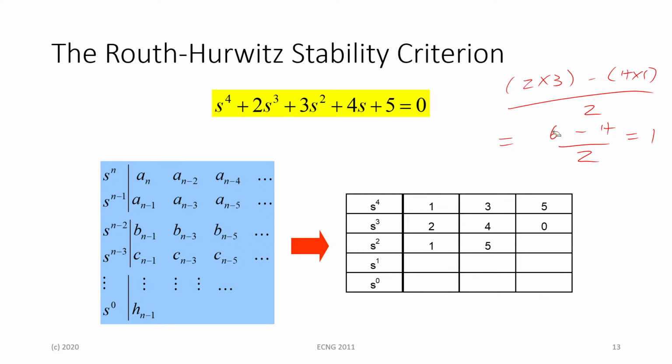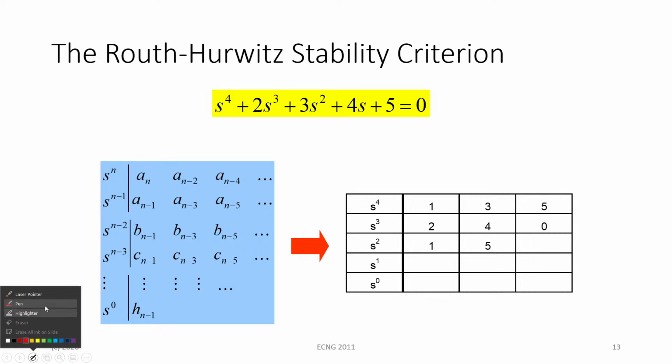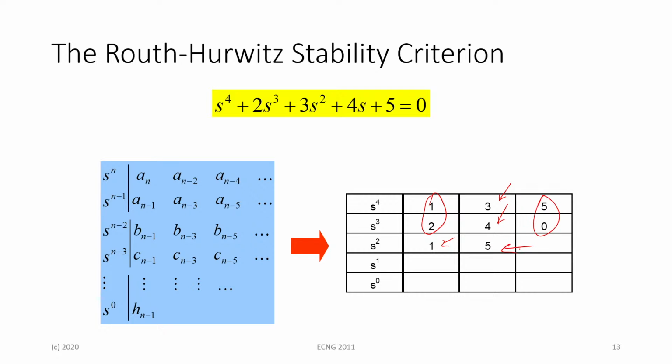Let me rub that off, and let's do it for the next value that we're going to be calculating in the S squared row. So we're going to be watching in particular how we determine this value for our S squared row. In calculating that value, remember we're going to be holding these two coefficients here constant. But instead of using these two that we did when we calculated for 1 here, we're going to be using these two instead to obtain this value here.